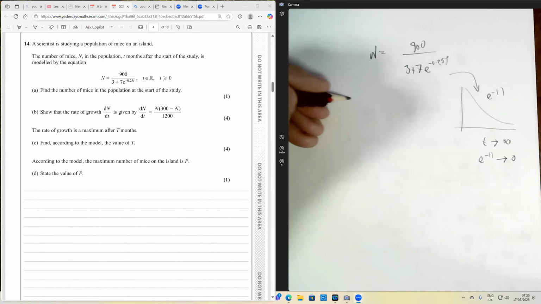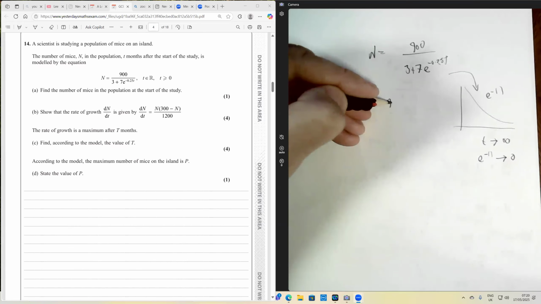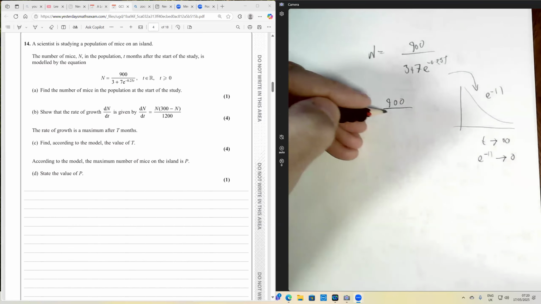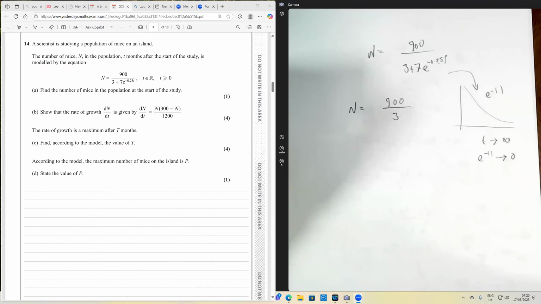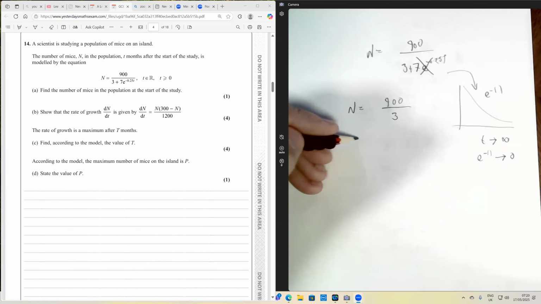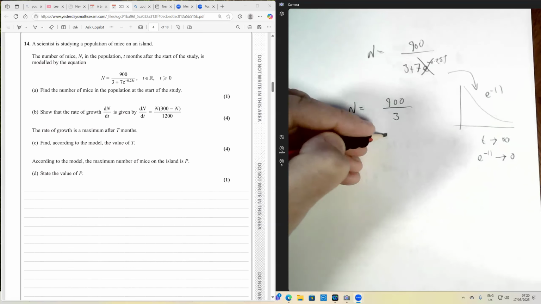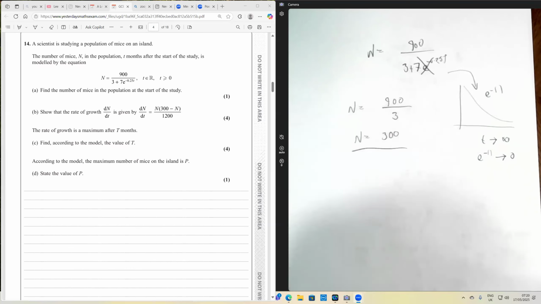It means that as t gets bigger and bigger, the equation essentially becomes 900 divided by 3, and that term completely vanishes because it becomes 0. So we end up with n equal to 300, and that is our final answer for the value of p.